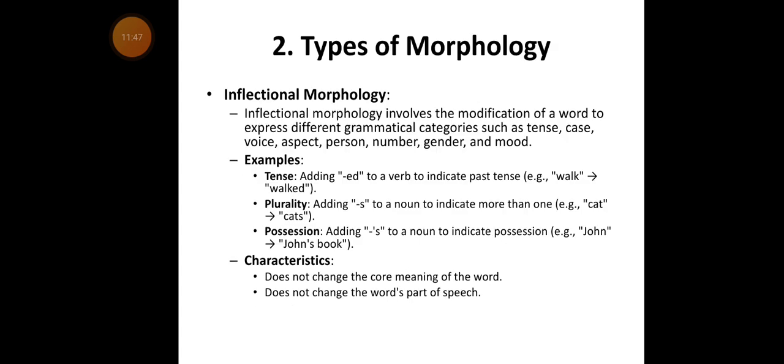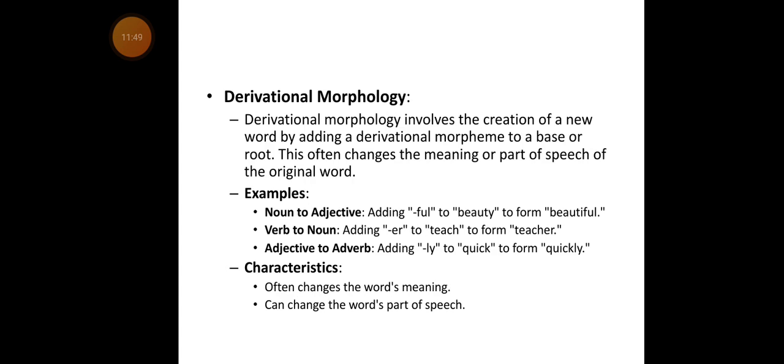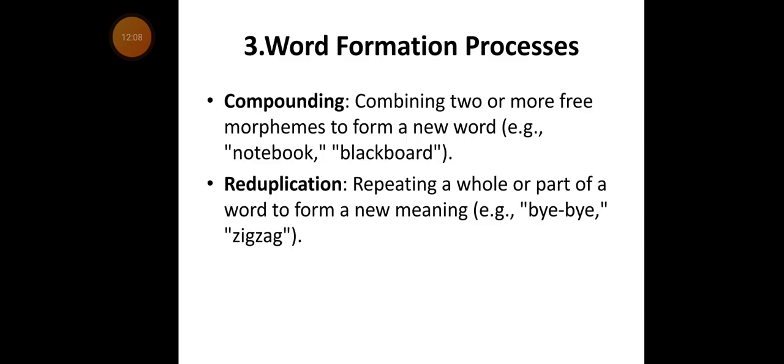So in inflectional morphology, meanings remain the same, and in derivational morphology, whenever we add more morphemes, the meaning is also changed. Now see the characteristics. It often changes the word's meaning and can change the word's part of speech. Now when it comes to word formation processes, compounding.